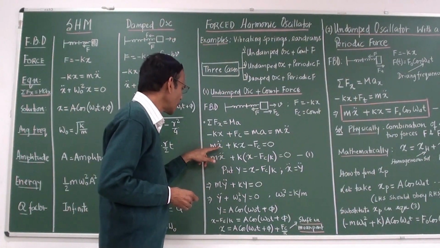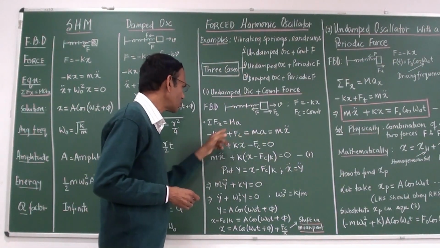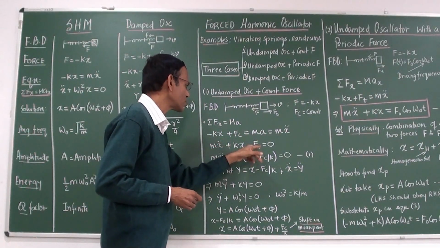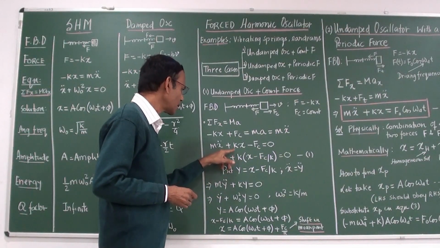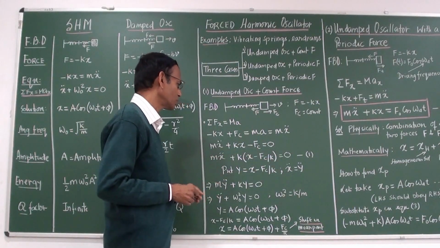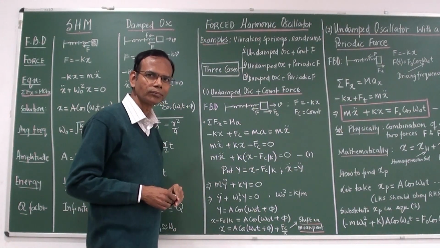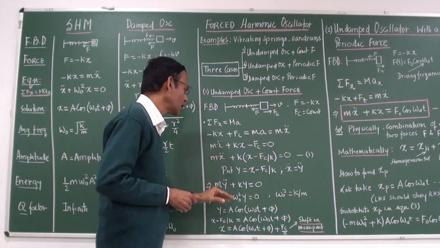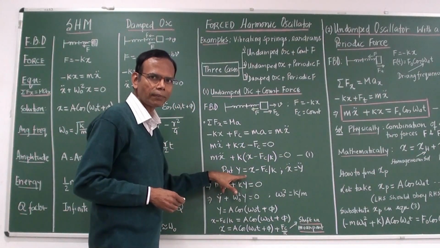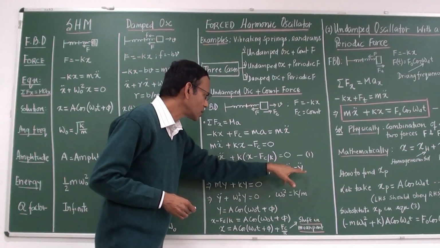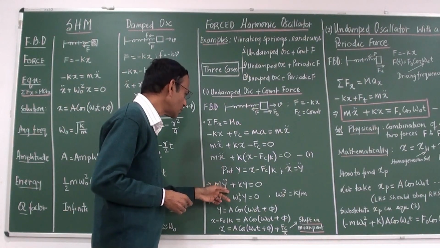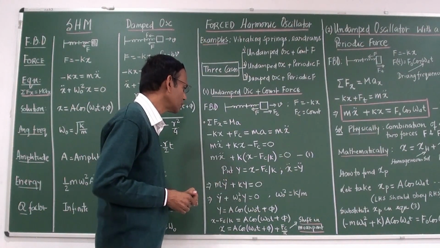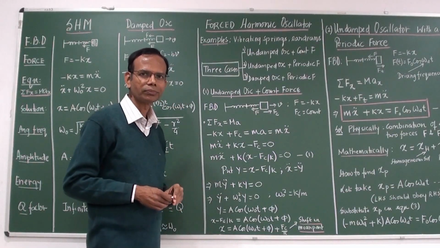That gives m x double dot plus Kx minus Fc is equal to 0. Taking K common, m x double dot plus K times (x minus Fc by K) is equal to 0. Now x minus Fc by K, I put it y. So x double dot is equal to y double dot, and the equation changes to m y double dot plus Ky is equal to 0.